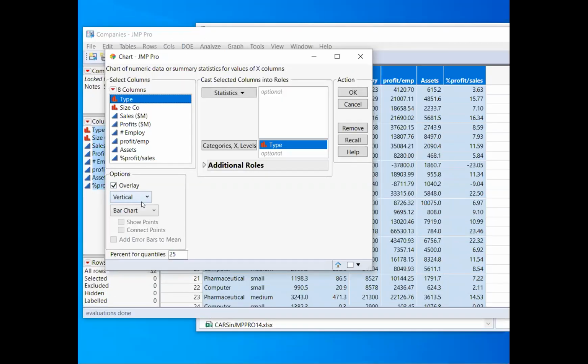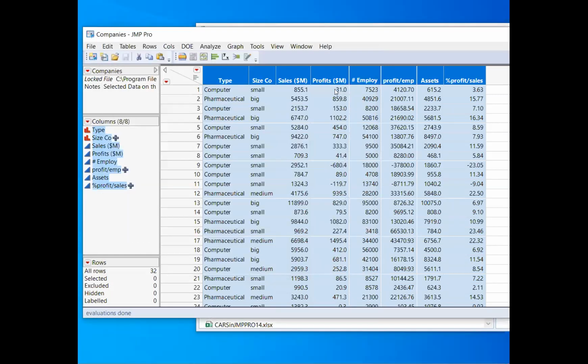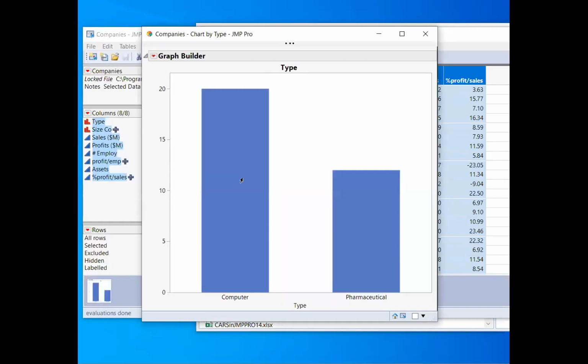I can change those to a pie chart, line chart, needle chart, or point chart. So that's all I can do; you can just create a bar chart.